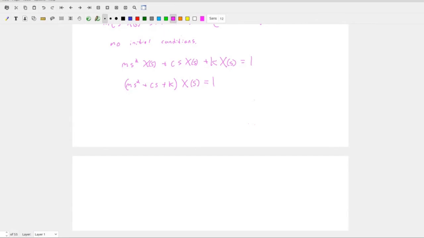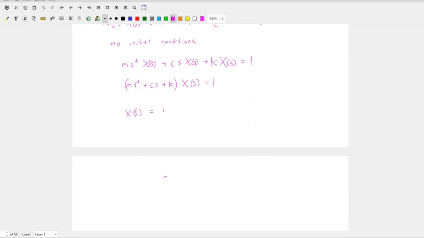Solving this equation, we get x of s. Go ahead and divide this whole thing by m s squared plus c s plus k. But we know from before that we can convert this back into standard form.